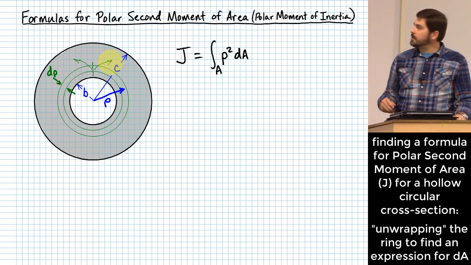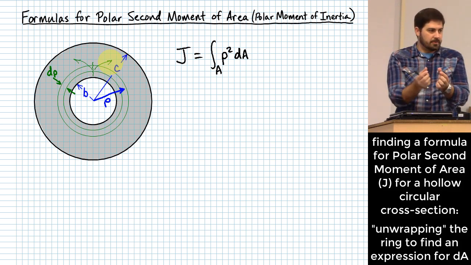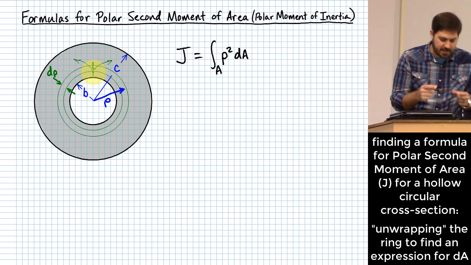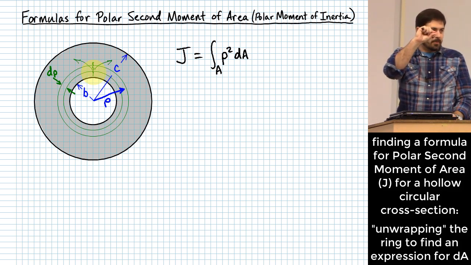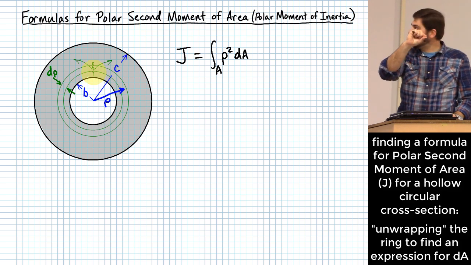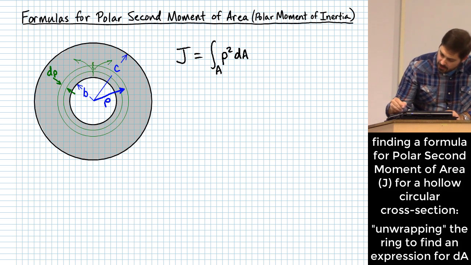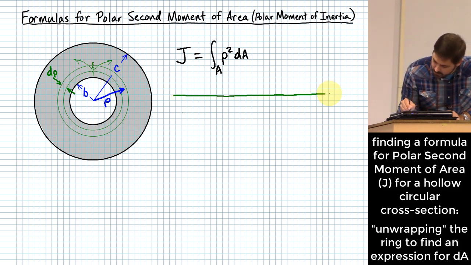Think of this like a little rectangle that has been wrapped in a circle around this piece and joined back together. Imagine a little strip of paper that you've wrapped around and then taped in the middle and made a ring out of it. Well, let's take this and unwrap it. If we do that, it gives us this long, skinny rectangle.